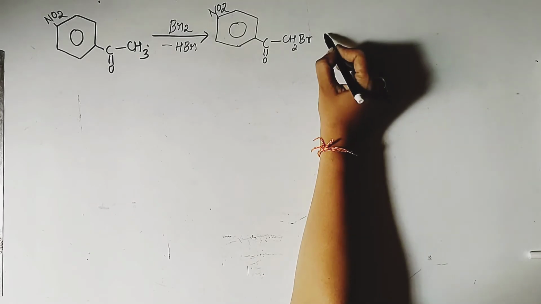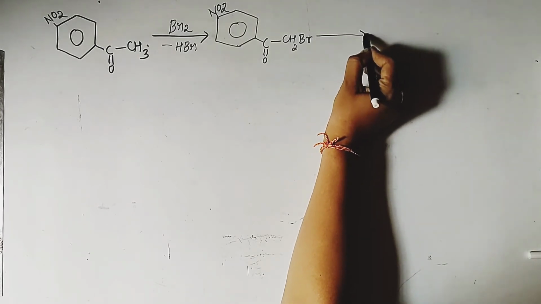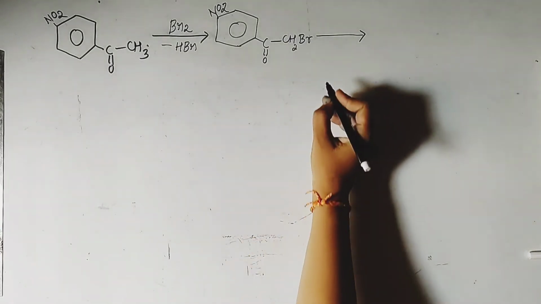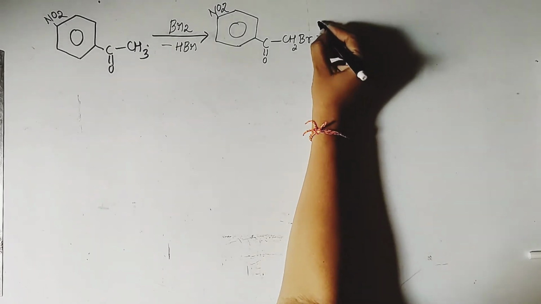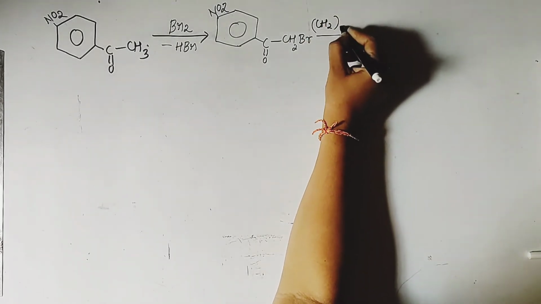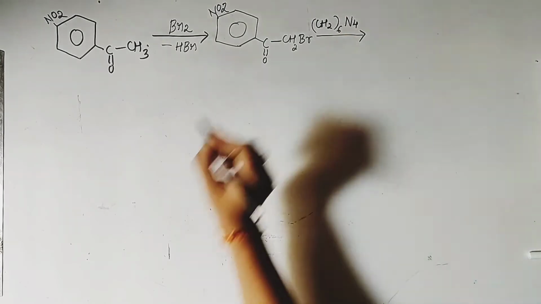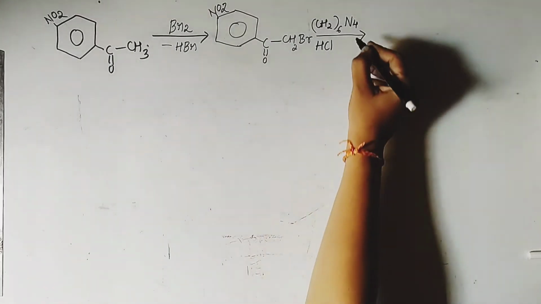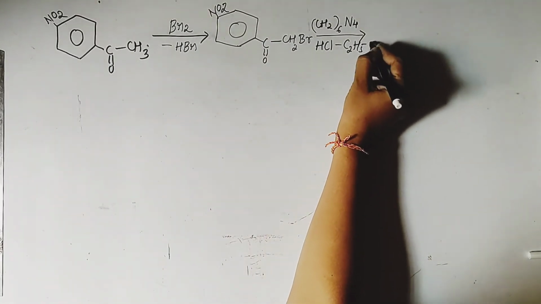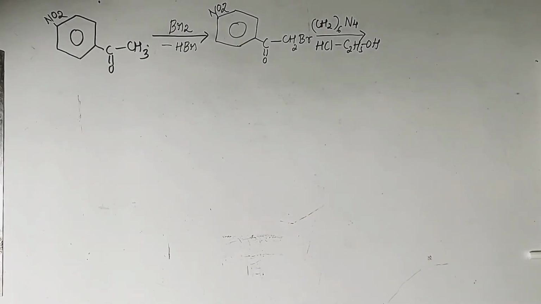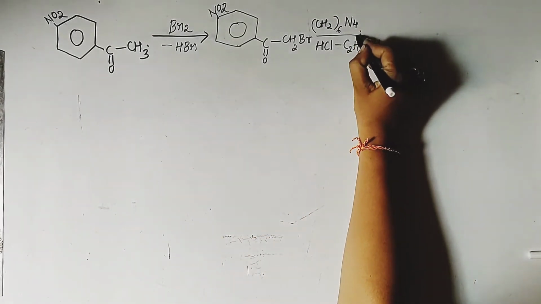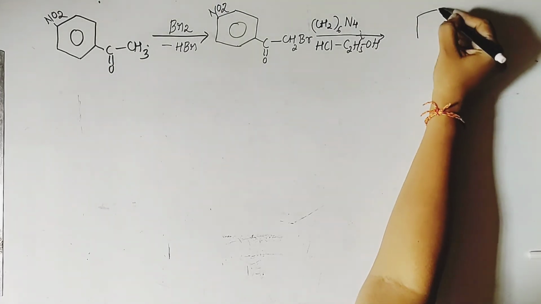Now we have to introduce one amine group here. For that we are going to do the hexamine reaction, using the reagent hexamethylenetetramine, and this reaction takes place in presence of hydrochloric acid and ethanol, C2H5OH. This reaction introduces an amino group in this compound. So I will write the product here. There is no disturbance in the first part.